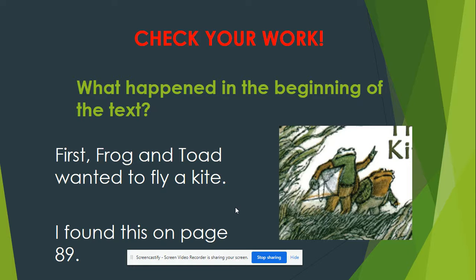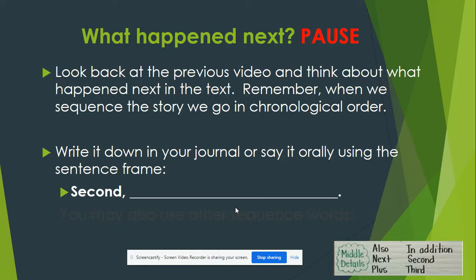Good job. Now, the next part in our story structure is we're going to come up with two details that happen in the middle, but in chronological order. So what happened next? Or you can use the word second.